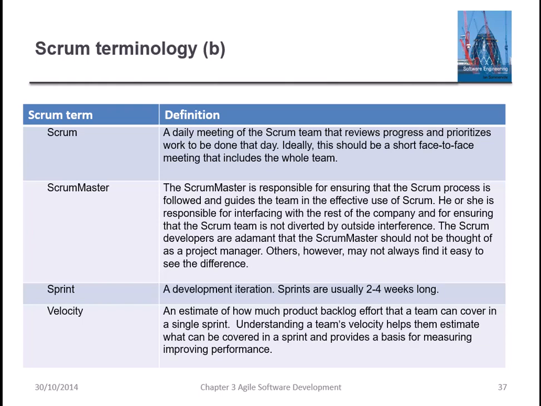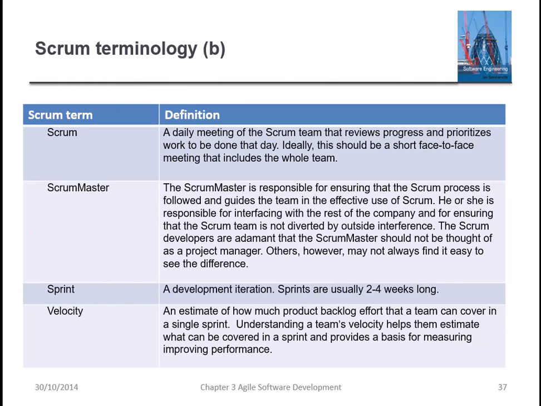Scrum leaders are also responsible for different activities. The Scrum Master ensures the Scrum process is followed and guides the team in the effective use of Scrum. He or she is responsible for interfacing with the rest of the company and for ensuring that the Scrum team is not diverted by outside interference.